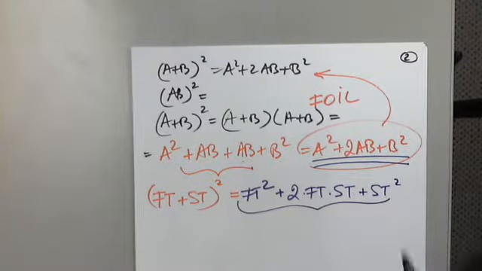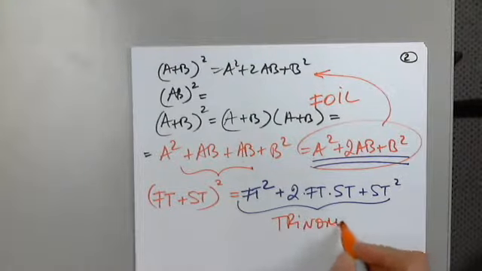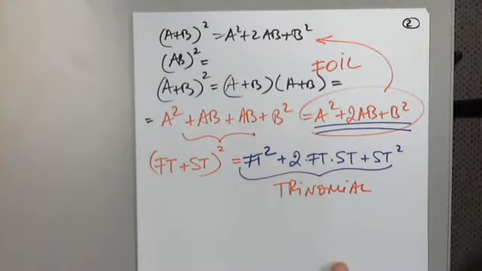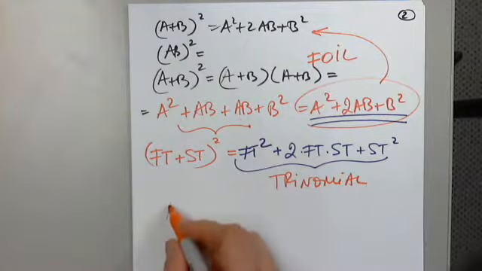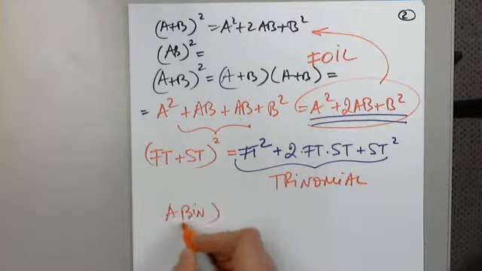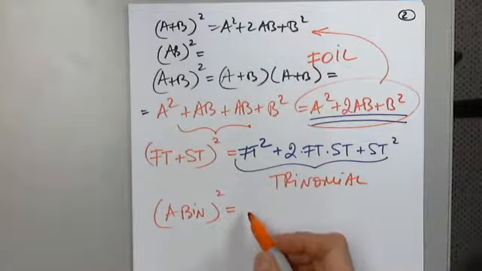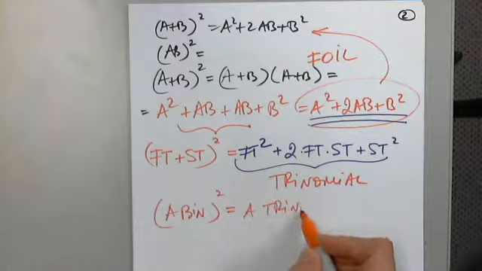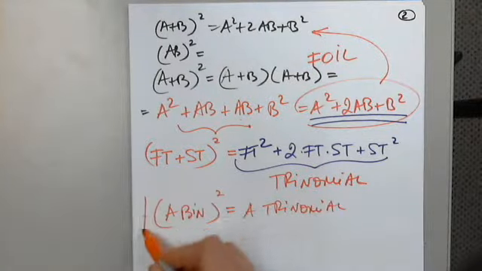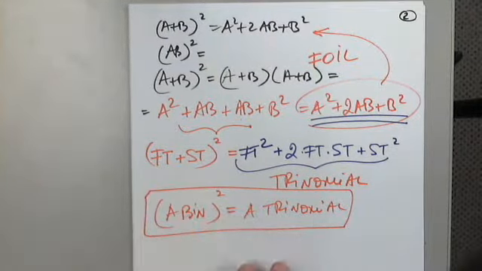What is the name of this? And how many terms do I see there? Very good. This is a trinomial. So from now on, we will always remember that a binomial squared will always equal a trinomial.